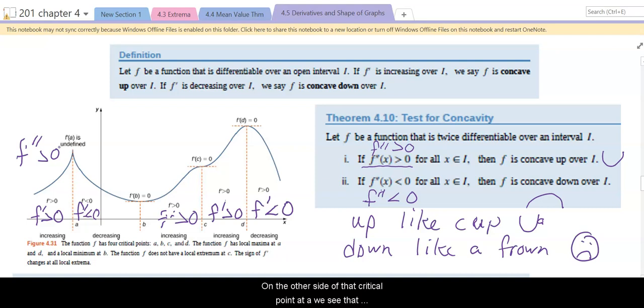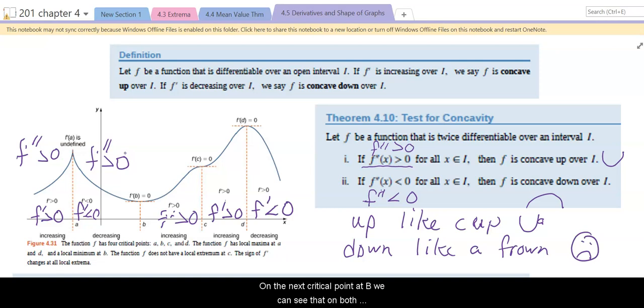On the other side of that critical point at A, we see that between A and B, the function is also curved up like a cup. That means that the second derivative is still positive there. In other words, at that critical value, on both sides, we have an up like a cup.